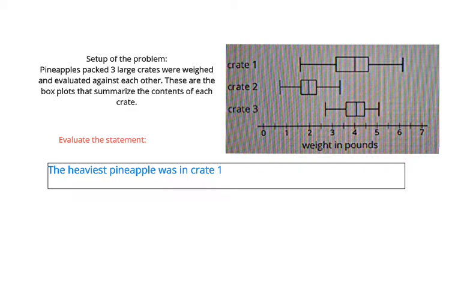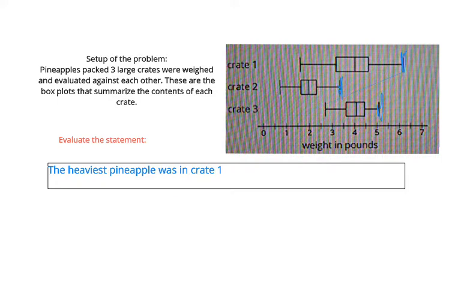Okay, the second statement we have to check against the information given is whether or not the heaviest pineapple was in fact in crate 1. Looking at these whisker plots, the largest pineapple in each group is at the very far end of the whiskers, so we are looking only at the highest value in each of the 3 data sets.